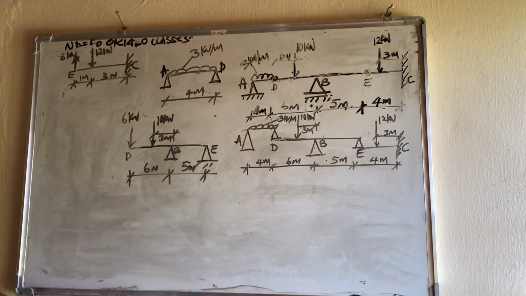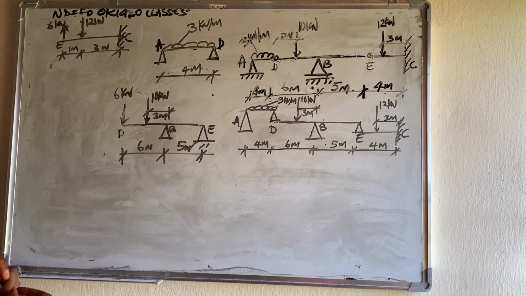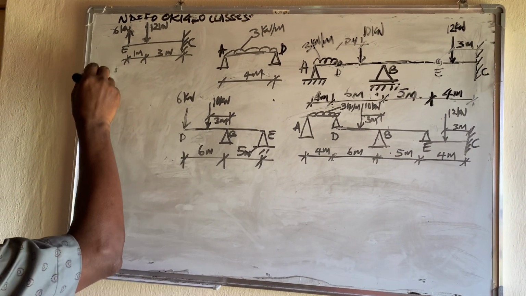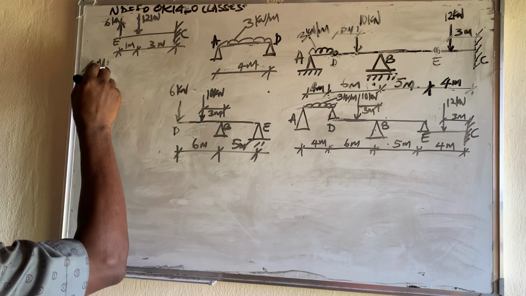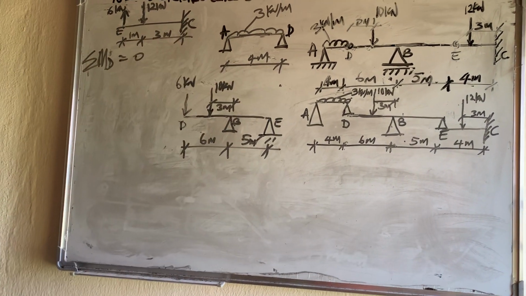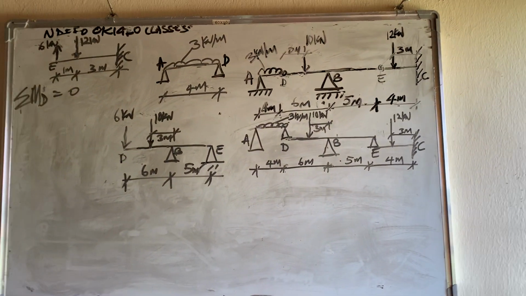To solve AD, I start by getting the reactions. I want to get reaction A. I say total moment about D is equal to 0. The length of reaction A from D is 4.